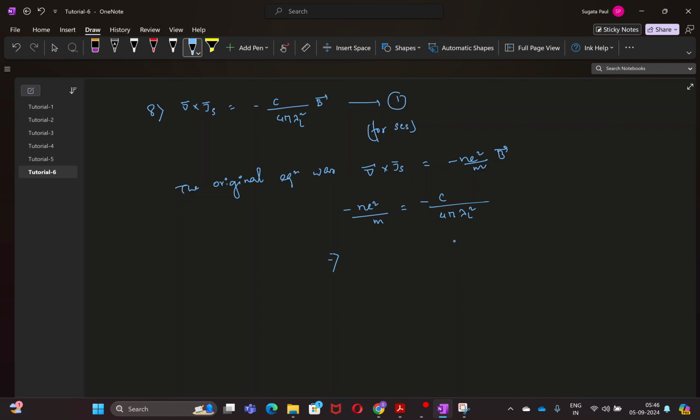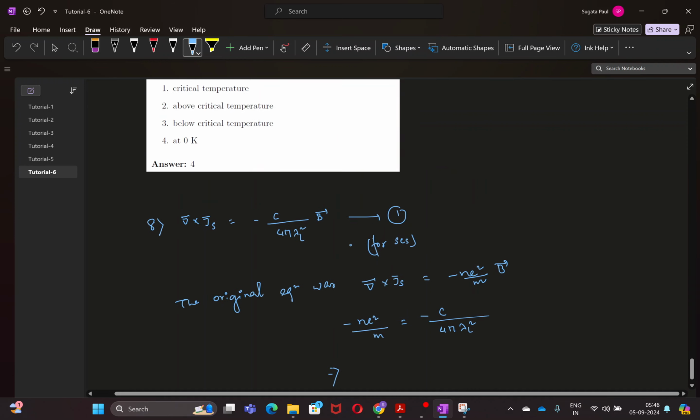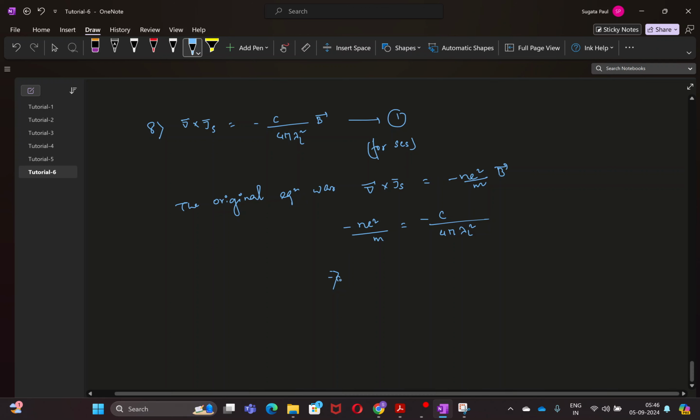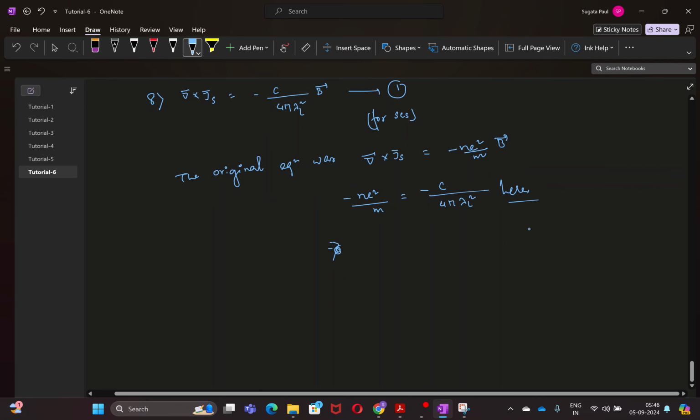For the time being we do not need to bother about the values on the other side; rather we'll focus on the expression that we have to derive from it further. It is said that if you use B equal to curl of A in equation number 1, that means B equal to curl of A in here.